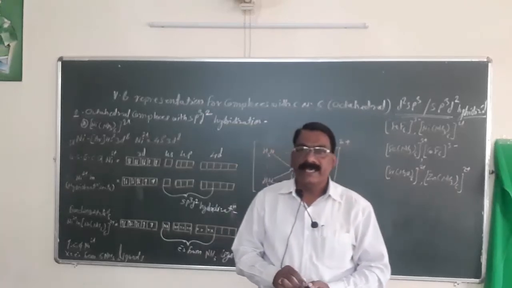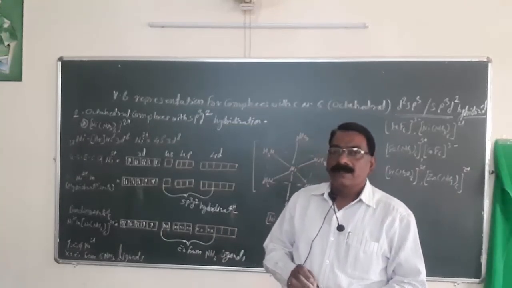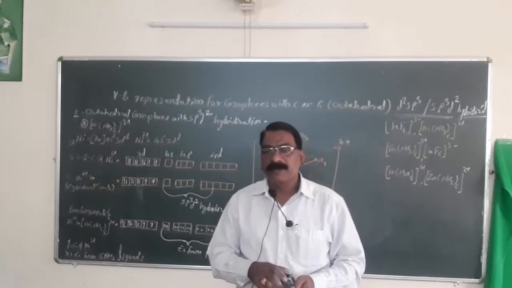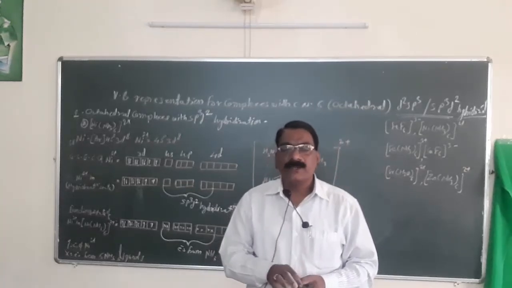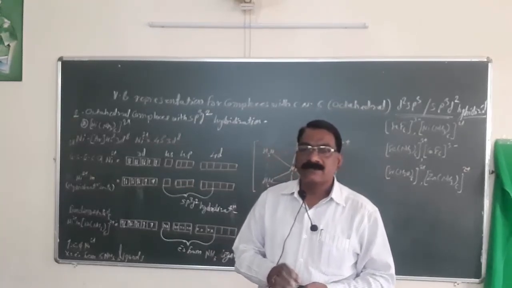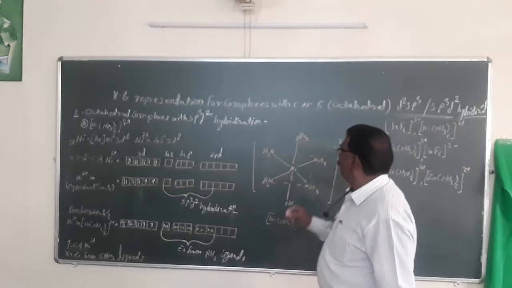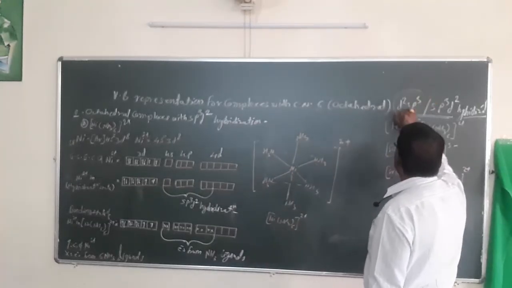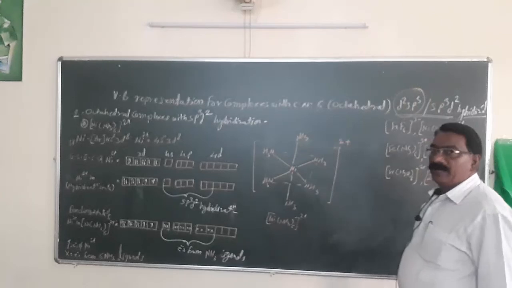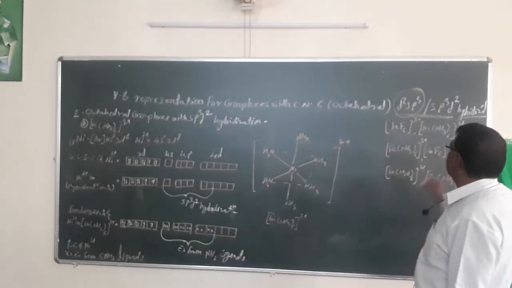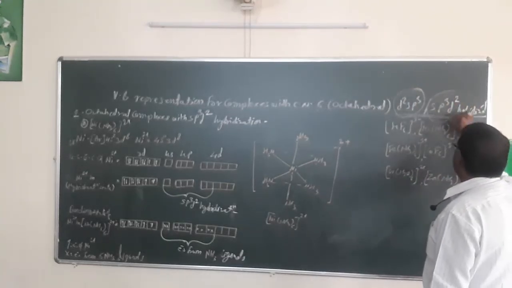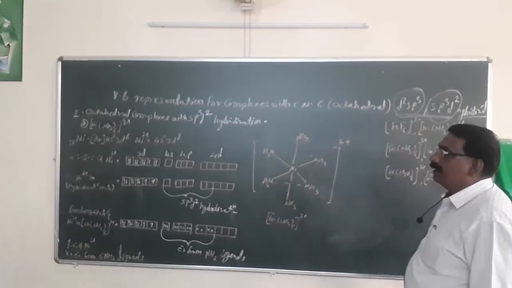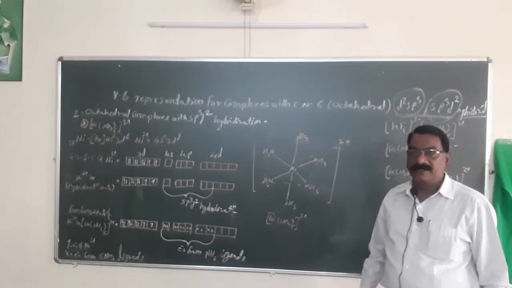Thus, we see here complexes with the coordination number 6 can show two types: first, the complexes which show the d2sp3 hybridization, and second, the complexes which show the sp3d2 hybridization.